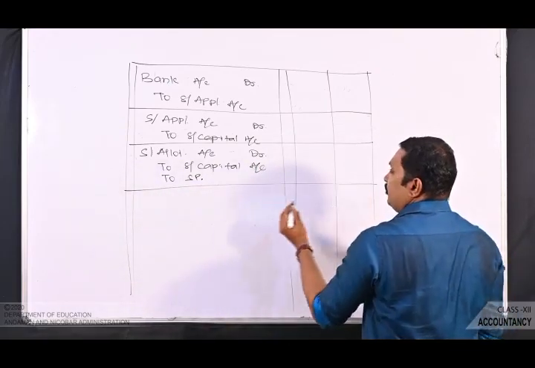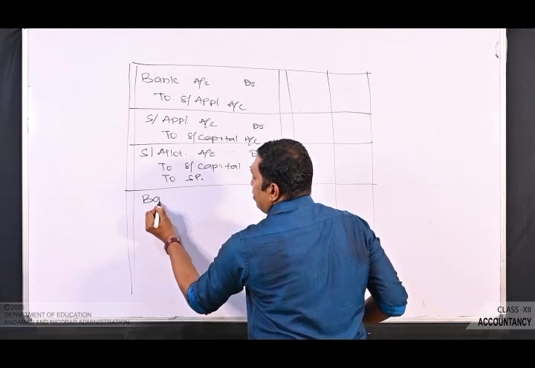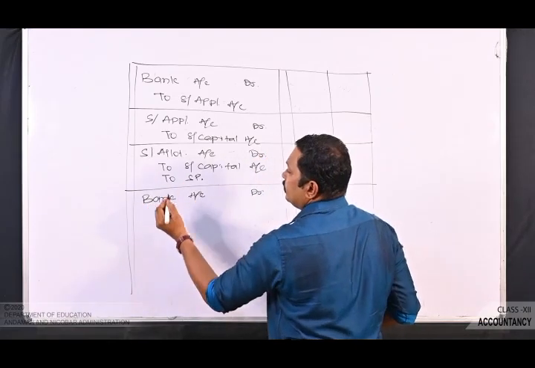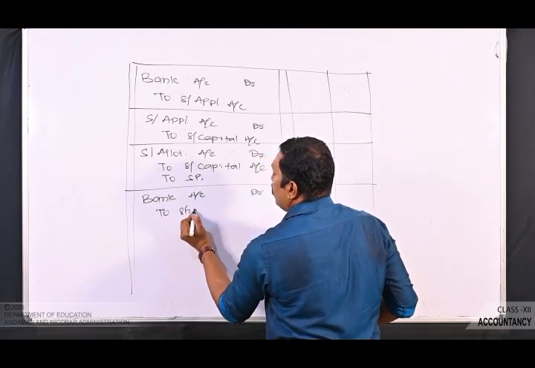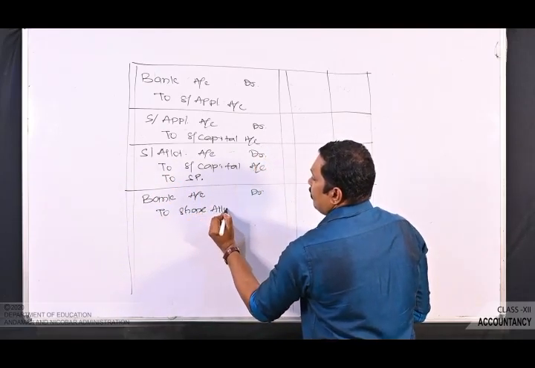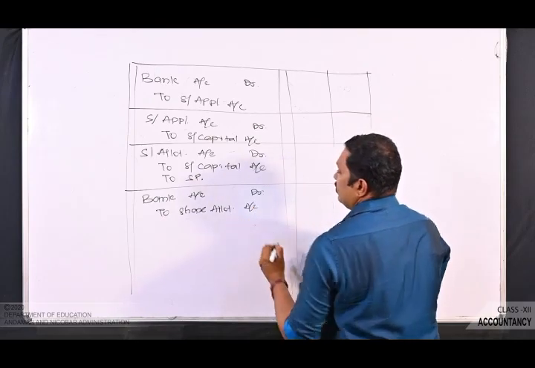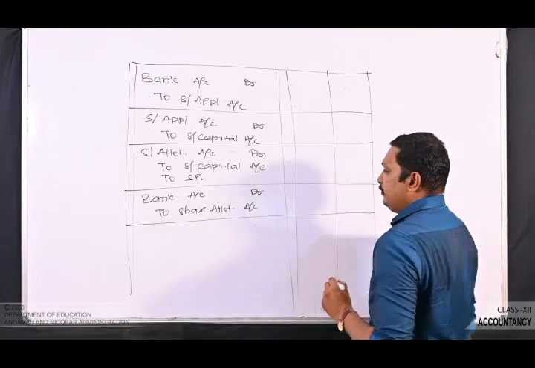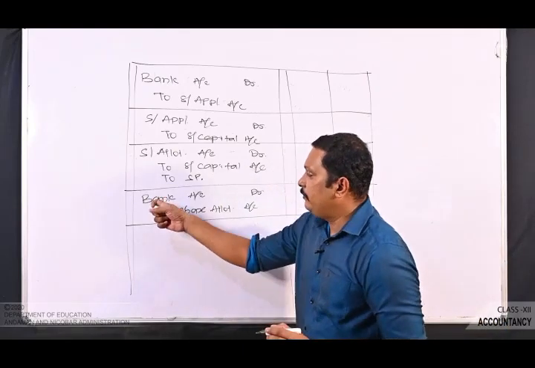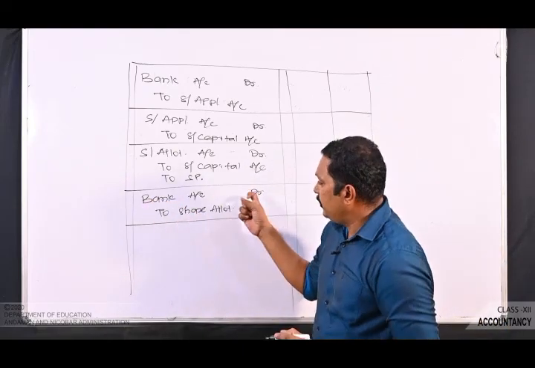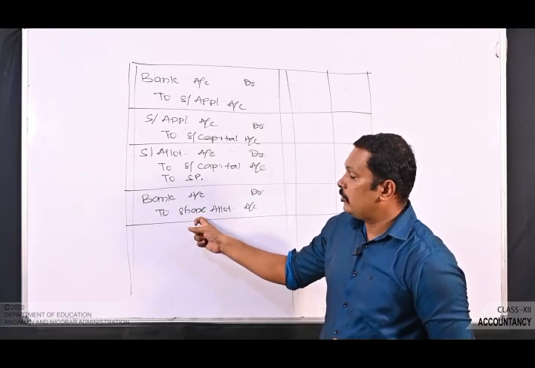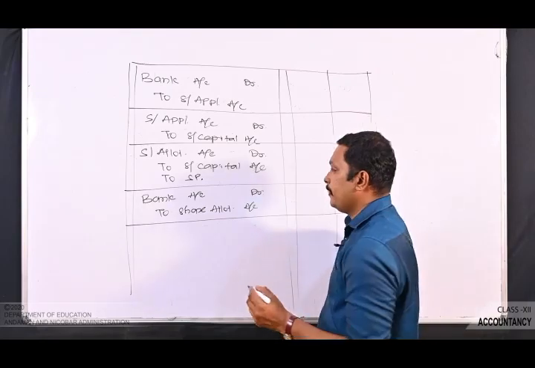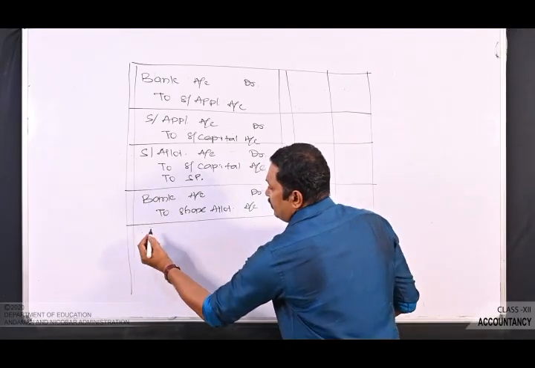Next, what is the fourth entry? The fourth entry is bank account debit to share allotment account. This is the fourth entry, right? When there is a maintenance of call scenario, then we have to write bank account debit, call scenario account debit to share allotment. When we didn't maintain call scenario, then we can write directly bank account debit to share allotment. What is the fifth entry?